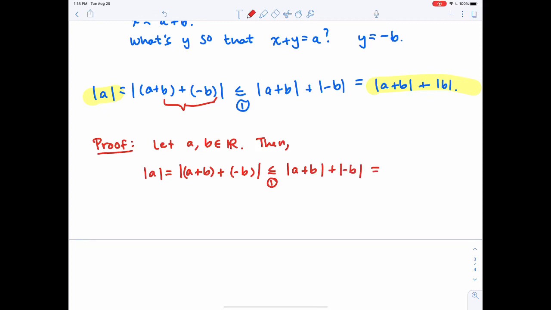And that's equal to exactly what we want. And then I can say, rearranging, we've shown that the absolute value of A minus the absolute value of B is less than or equal to the absolute value of A plus B.